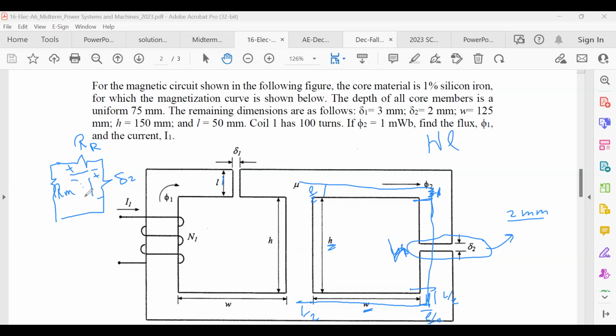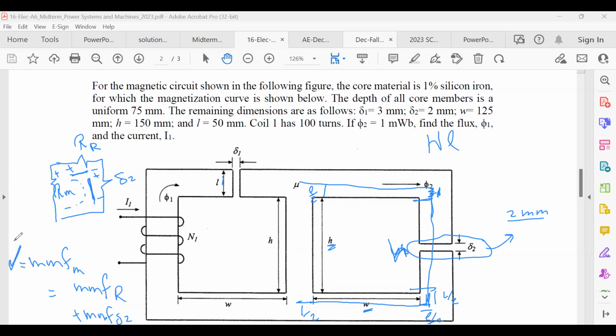Doing KVL here, the one in the middle equals the one on the right plus the one of the air gap. So the MMF of the middle equals the MMF of the right plus the MMF of the air gap delta 2. And you can get this value.